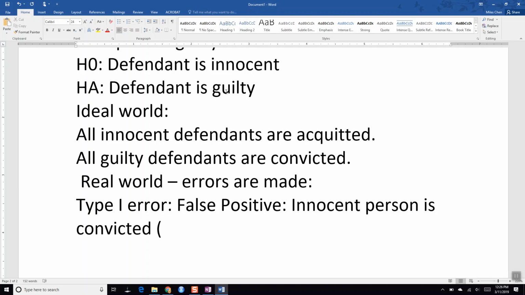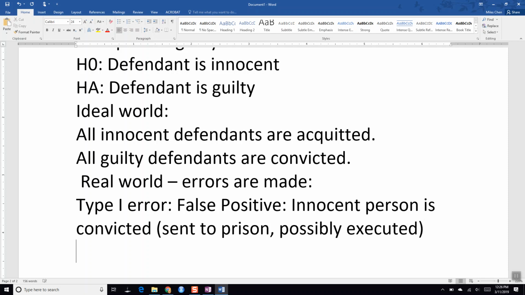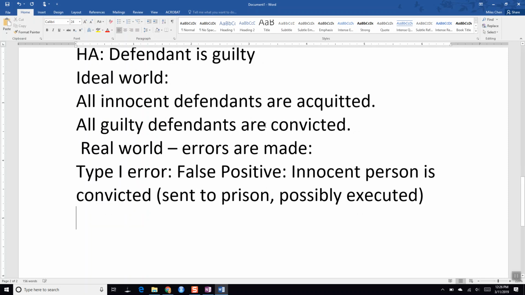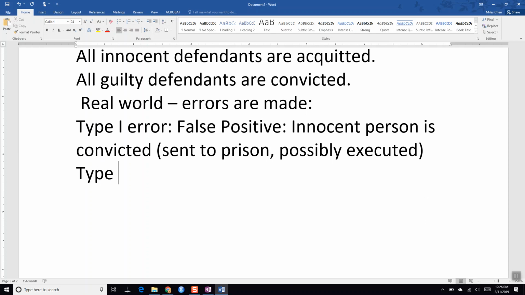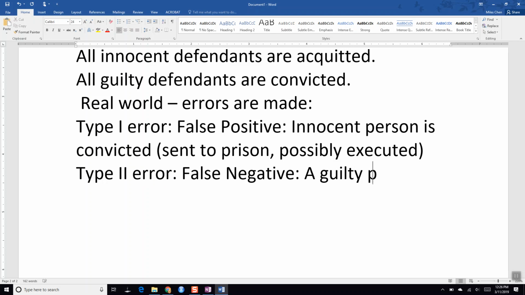So either sent to prison, possibly executed, right? Depending on what the punishment is, right? Okay. Type 2 error. What's a type 2 error? This is the false negative. Right? A guilty person is let go.